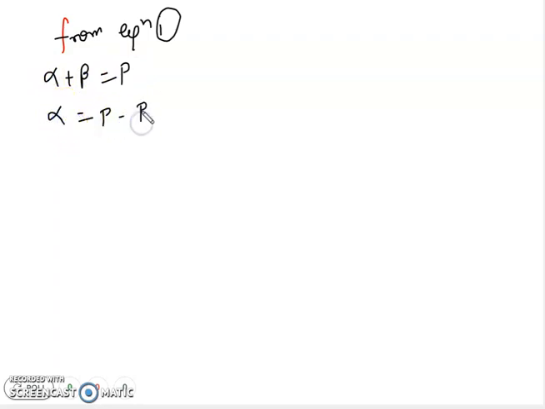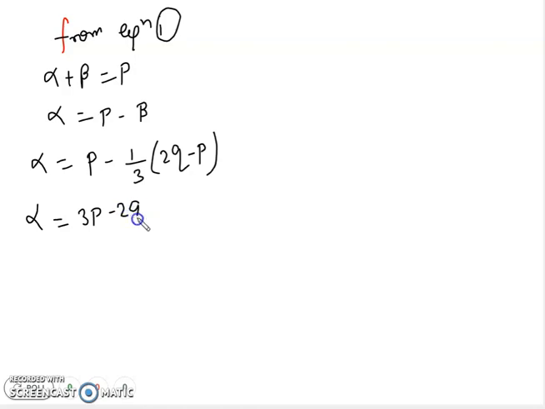Now we can write alpha from equation first. Alpha plus beta is equal to p, so alpha is equal to p minus beta. And beta is 1 by 3 into (2q minus p). After taking the LCM, we can write (3p minus 2q plus p) divided by 3.